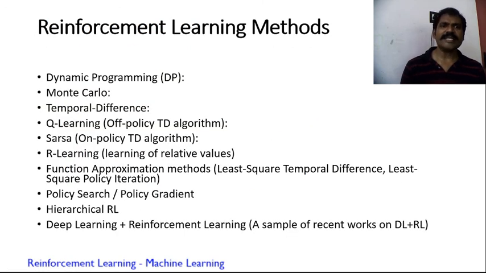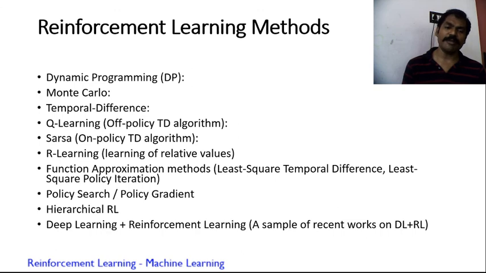These are the different methods I can use to implement or solve reinforcement learning algorithms. One is dynamic programming, which is model based, then Monte Carlo, and temporal difference. In temporal difference we have Q-learning, which is an off-policy temporal difference algorithm, and SARSA, which is an on-policy temporal difference algorithm.